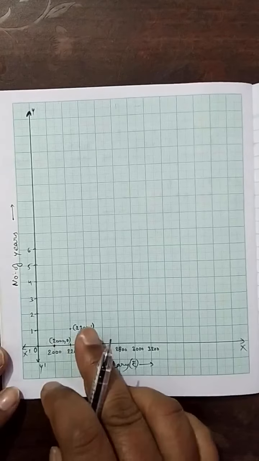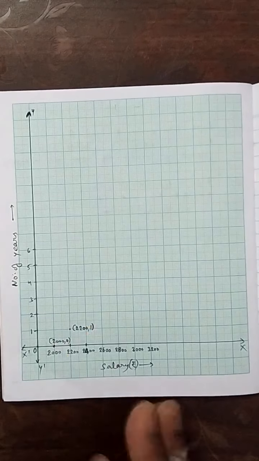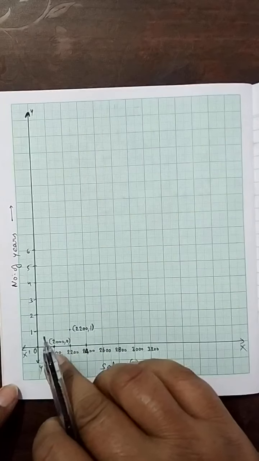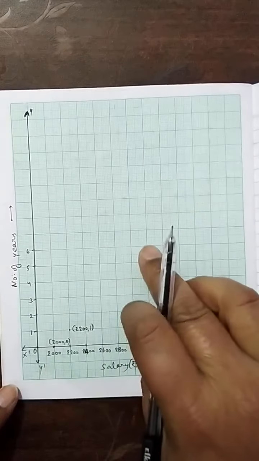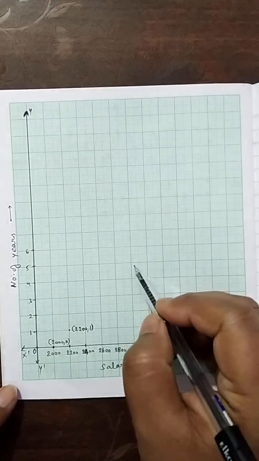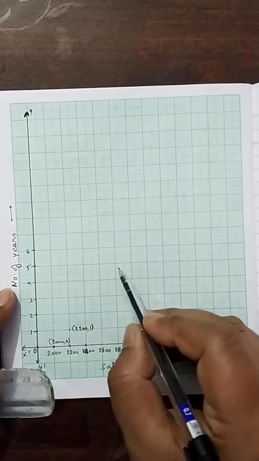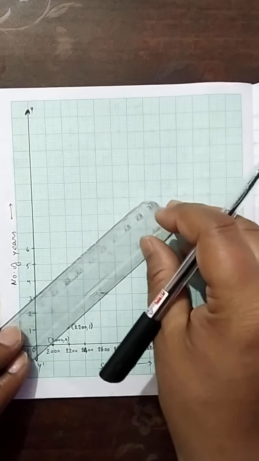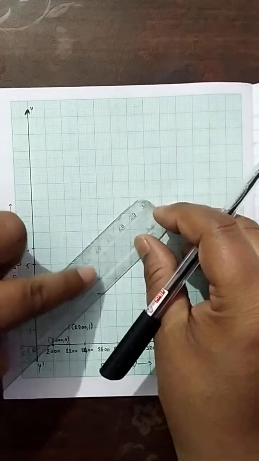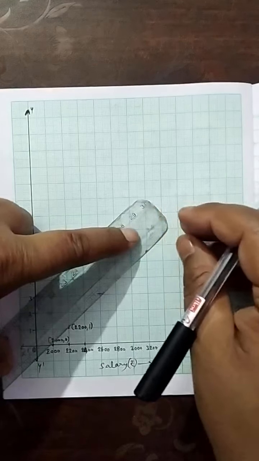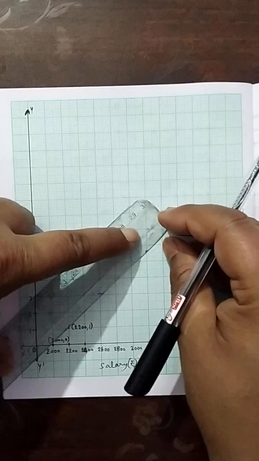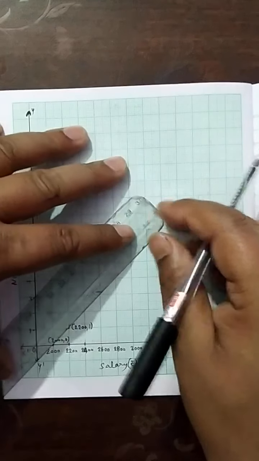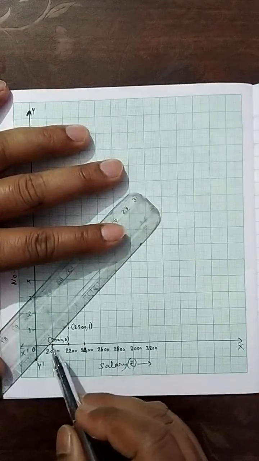Now using these 2 points we will draw a straight line, such that the long line is connected to somewhere with these 5 years. The line should touch these 2 points.